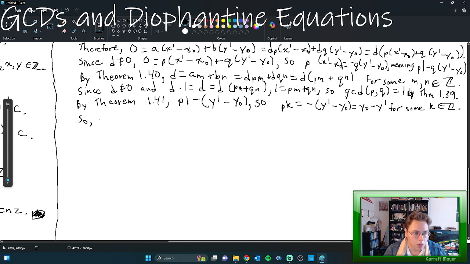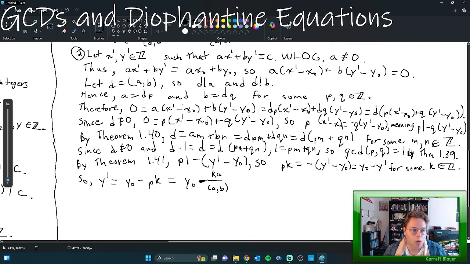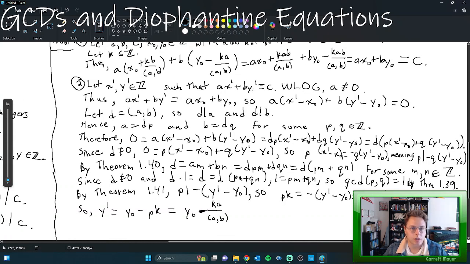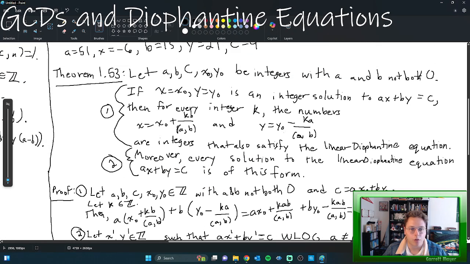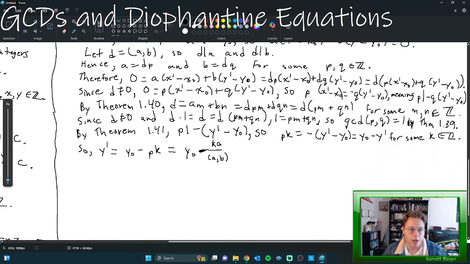So y' equals y0 minus pk, which also equals y0 minus ka over the GCD of a and b. We're getting very close, actually. We've shown that if y is also a solution to this linear Diophantine equation, it must be of the form y0 minus ka over the GCD of a and b.